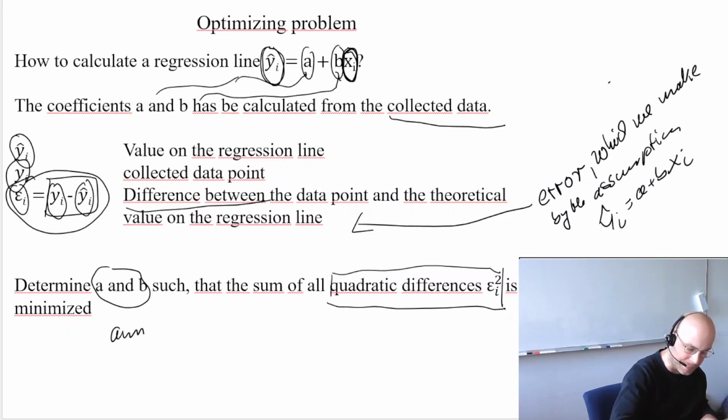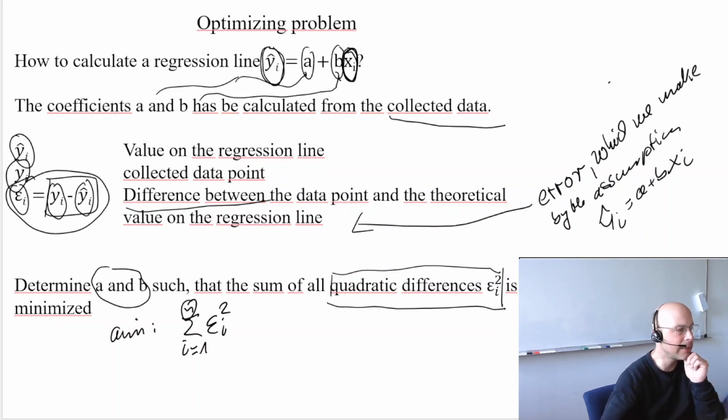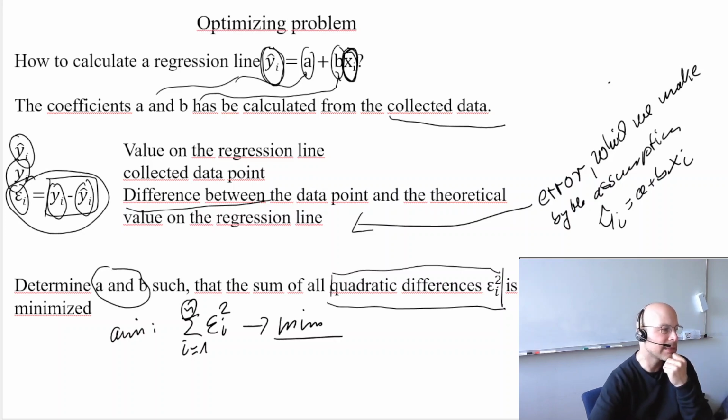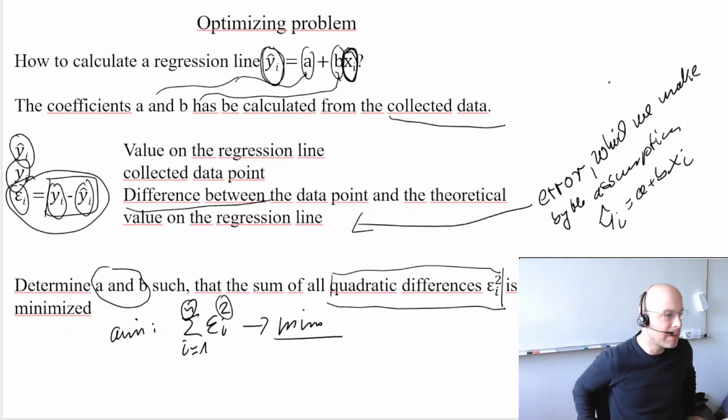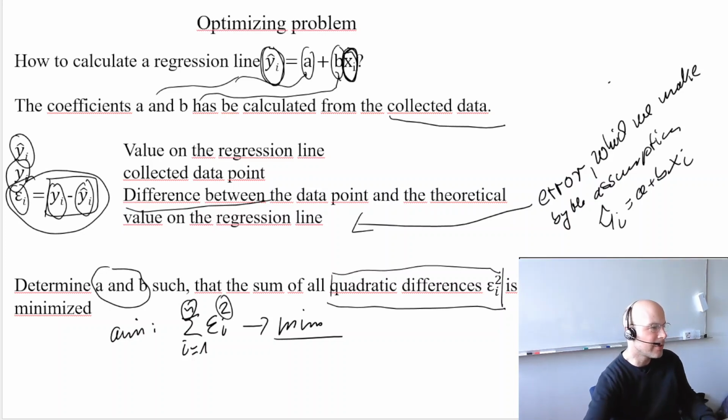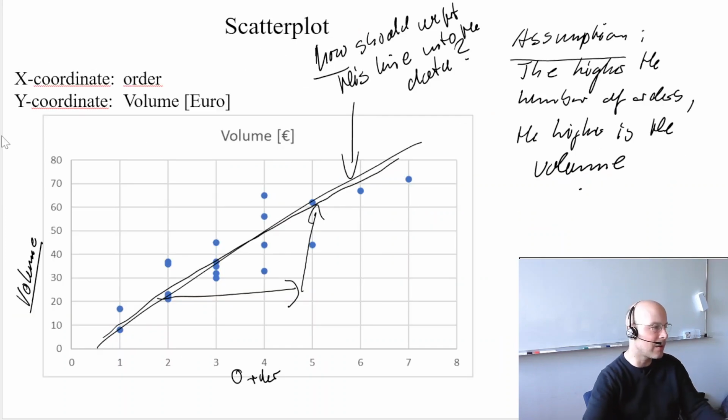So the aim is the sum of epsilon i squared, i from 1 to n, n is again our sample size, to be minimized. And where do these squares come from in our minimization? So for this, let's go back to our scattering cloud here.